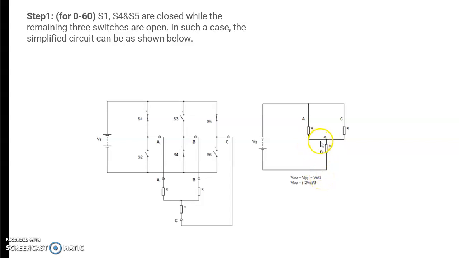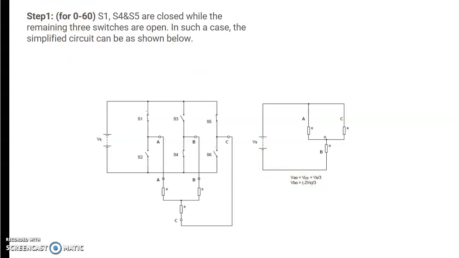Similarly here VB0 is minus 2 Vs by 3, that you can obtain from the voltage divider formula. So VA0 is Vs by 3, VC0 is Vs by 3 and VB0 is minus 2 Vs by 3. That is the case for the 0 to 60 degree duration.